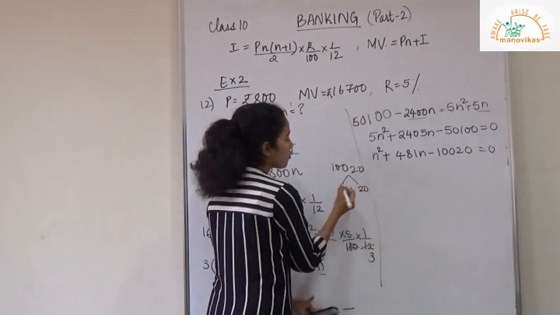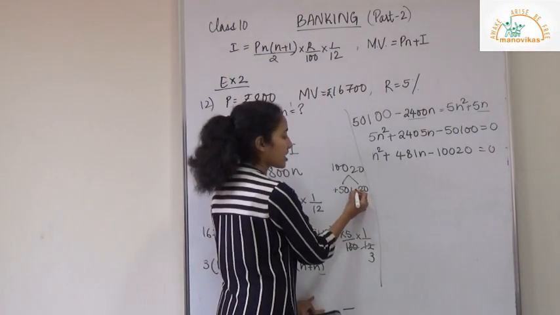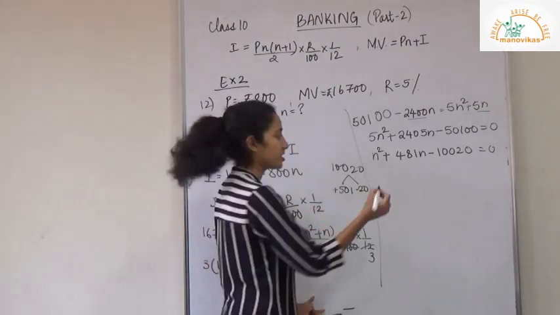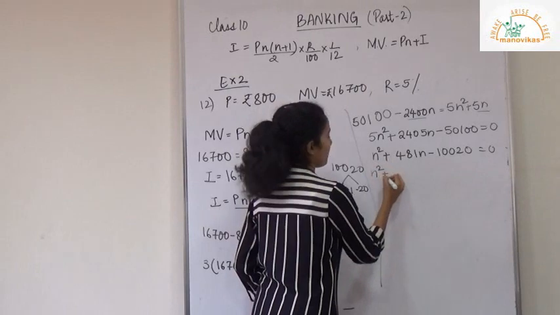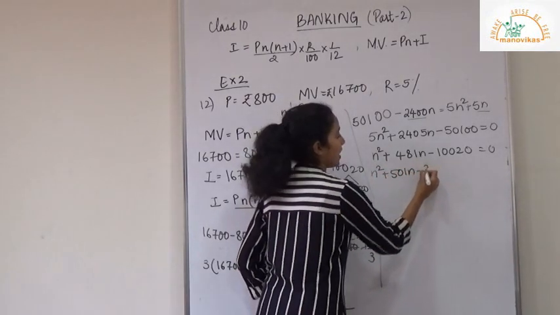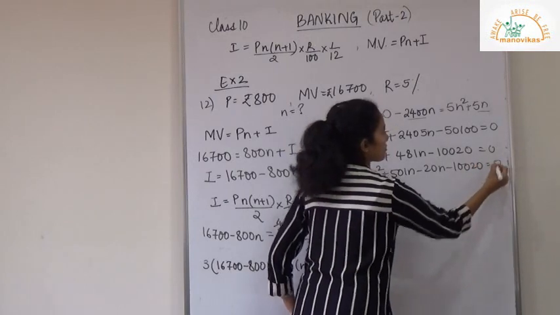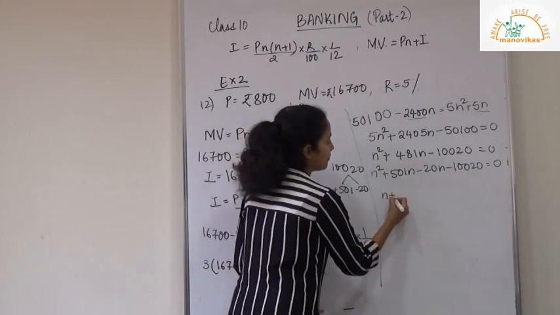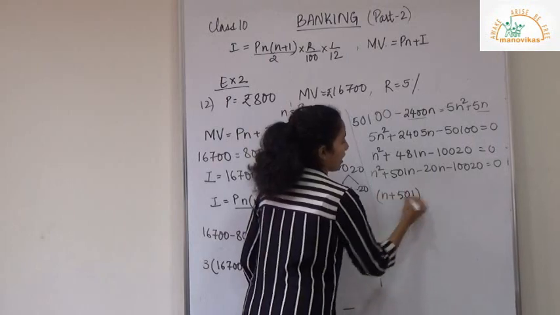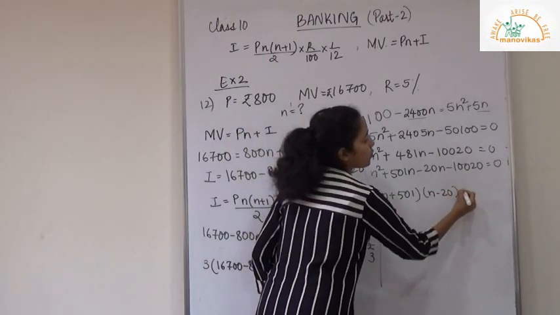So now this sign will go to the greater factor and the opposite sign goes to the smaller factor. So you have n squared plus 501n minus 20n minus 10020 equal to 0. So that will be n plus 501 and n minus 20 equal to 0.